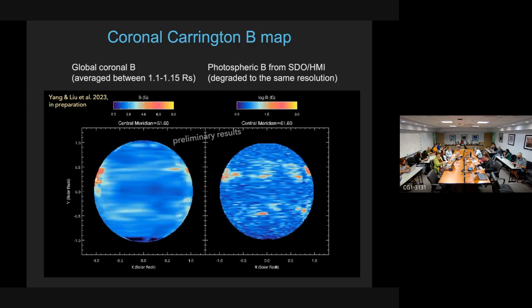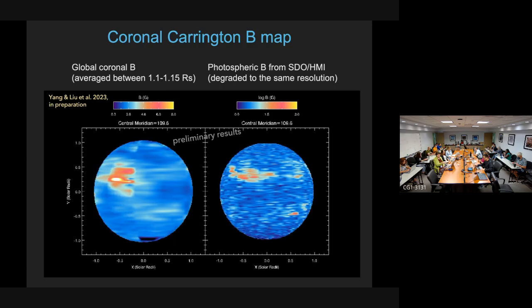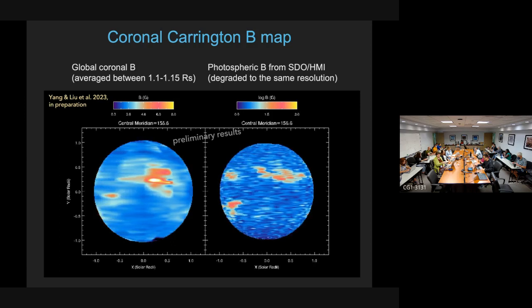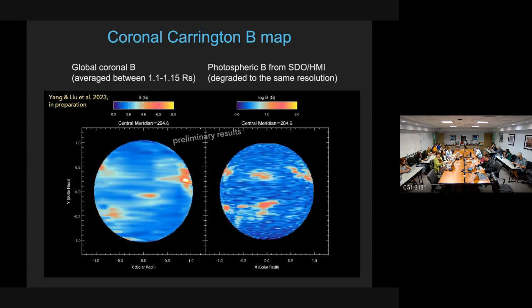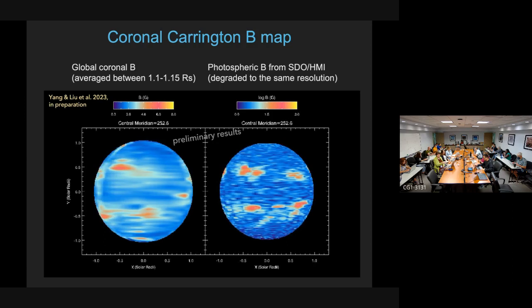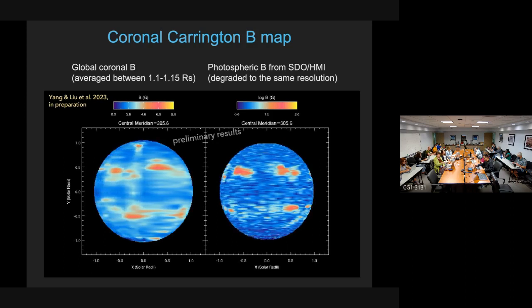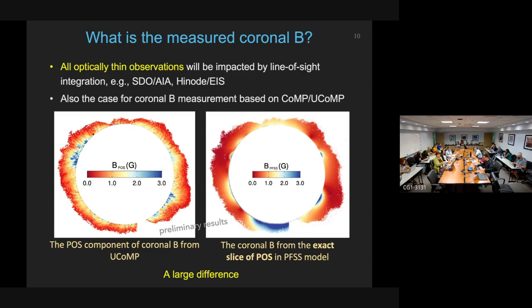So we have already demonstrated what we can do with the UCoMP wave observations and the 2D coronal seismology, but what exactly is the measured magnetic field?